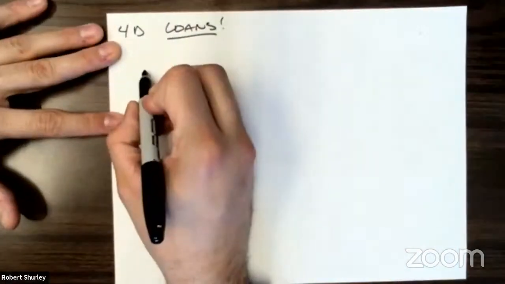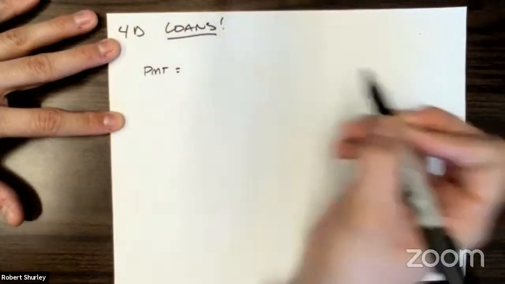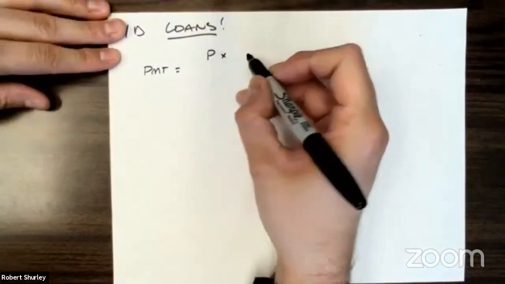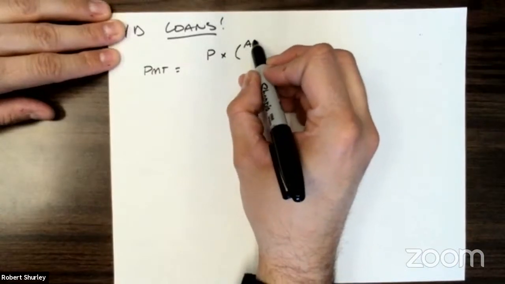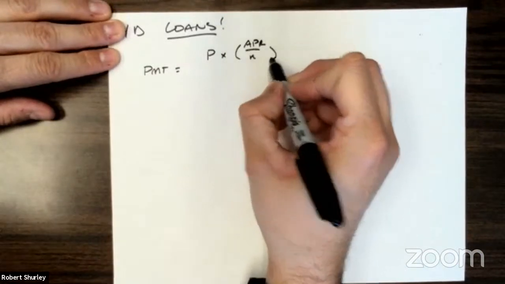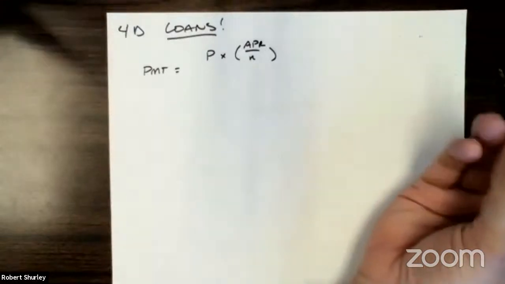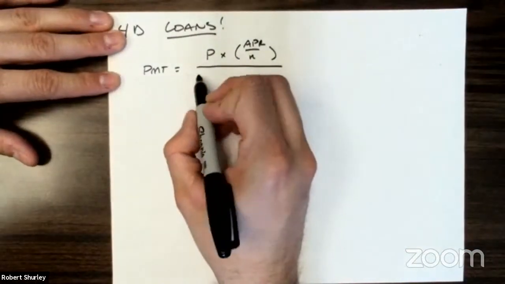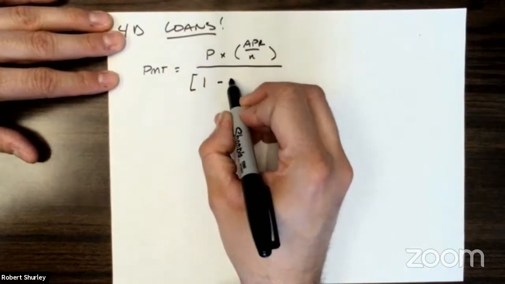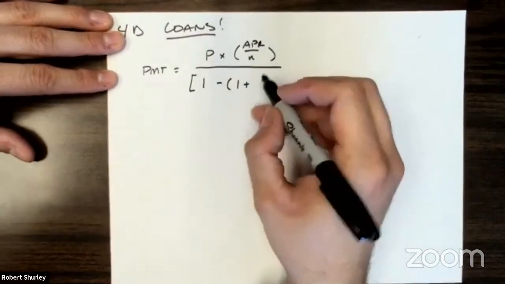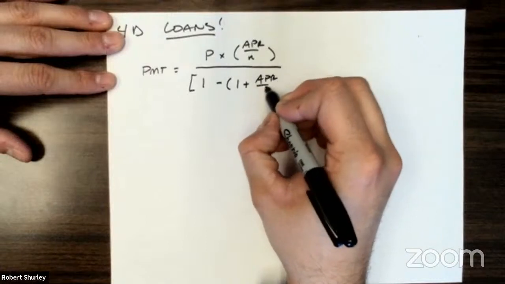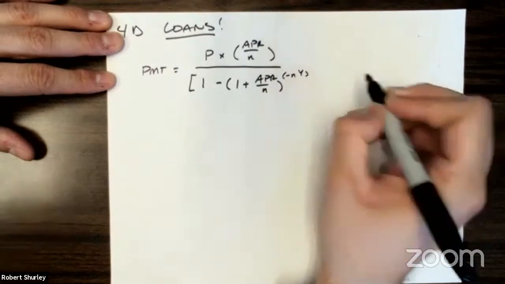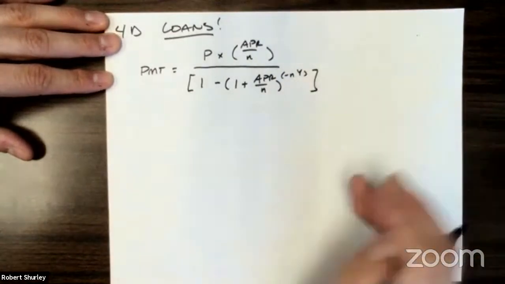So we've got the payment, which is equal to the principal P times APR over N. N, remember, is the number of payments a year, or per period. All divided by big parentheses 1 minus (1 plus APR over N) raised to the negative N times Y, and then we close the big parentheses.